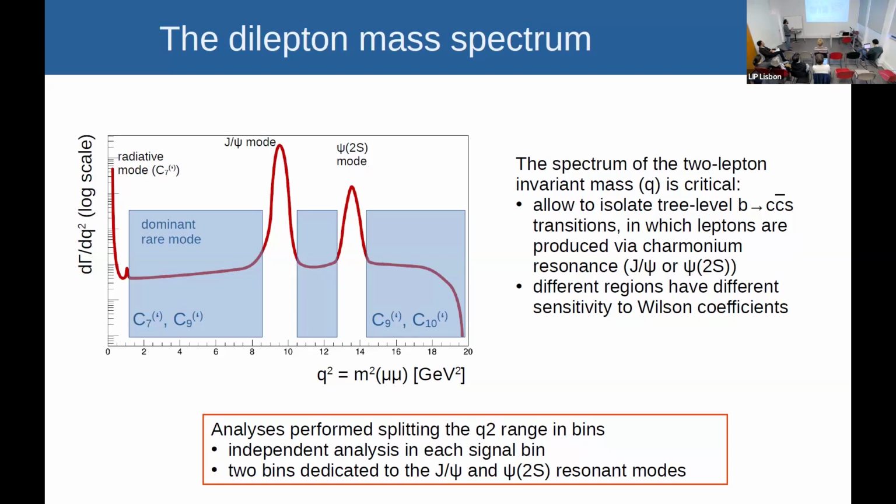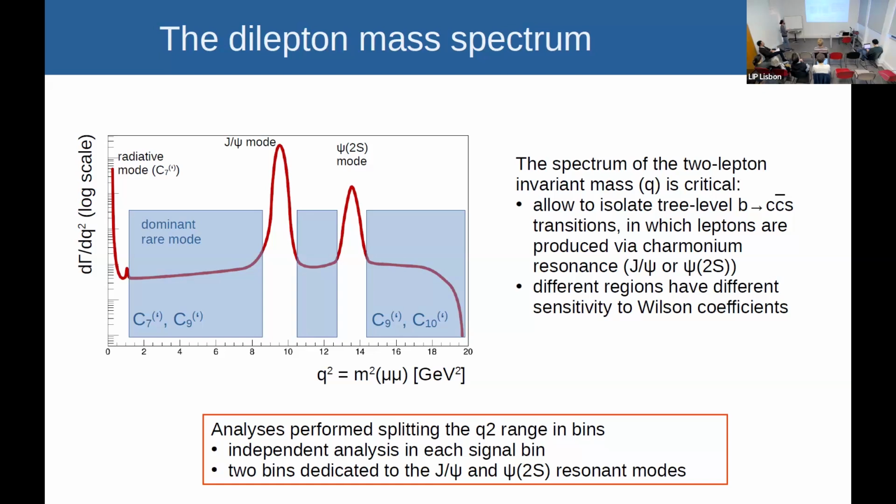Analyzing the spectrum of the dimuon invariant mass allows us to isolate the contamination of the transitions, the decays that involve charmonium resonances.